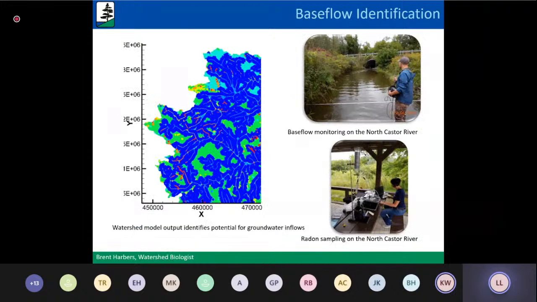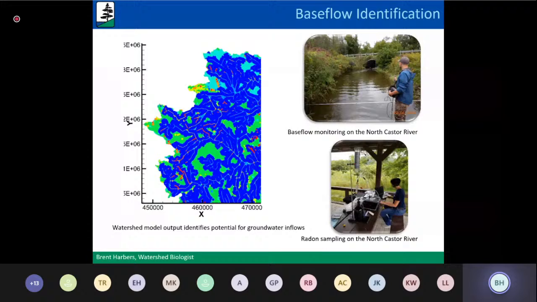So base flow identification, this was looking into what Kat mentioned, water quantity amounts within the North Castor River and its tributaries. So base flow, to explain what it is, is the amount of water in the stream when it reaches its lowest point in the summer before drying out, and that water we can more or less assume is attributed to groundwater inputs only.